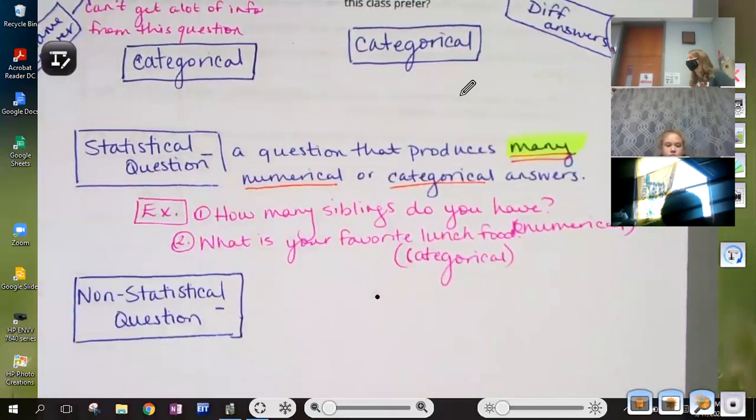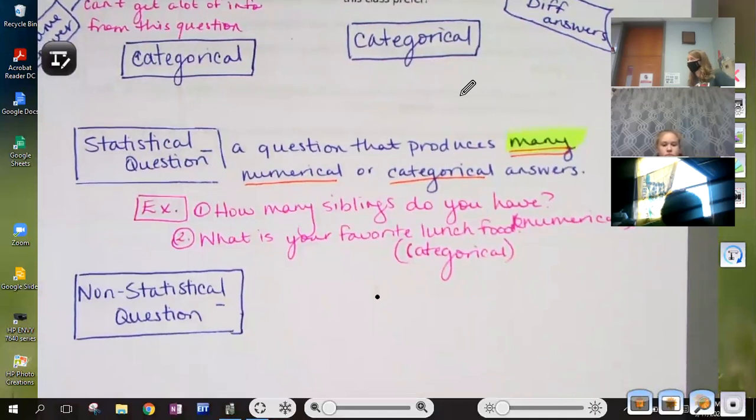Could y'all come up with your own definition based off the definition we said for statistical? If statistical means you get many different responses, you could get one or two responses, okay?